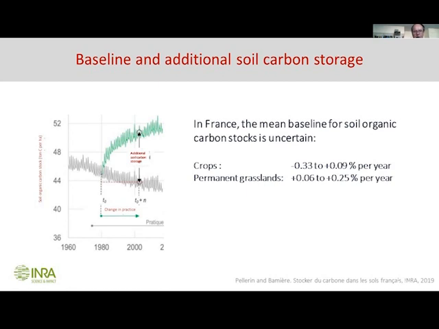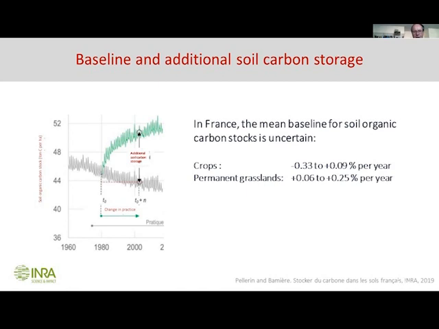And this is shown here, depicted as a green line, where you would have an increase in the soil carbon stock compared to a decline in the baseline. So the additional carbon storage would not only be the difference between the increase of the soil carbon stock and the past value at the start of the introduction of the practice, but it is also, in effect, the difference between the baseline, which is declining, and the increase in the soil carbon stock.